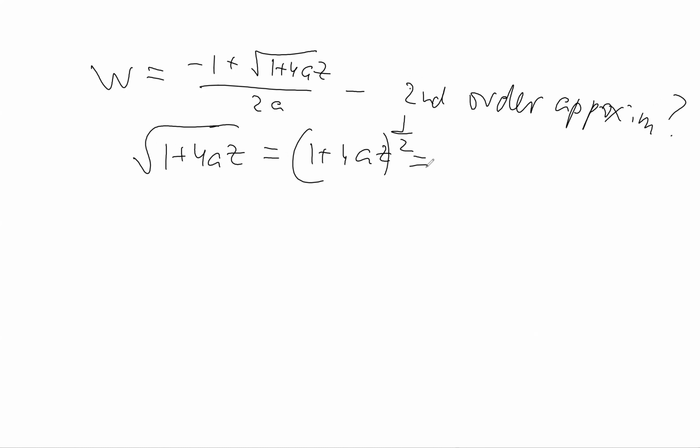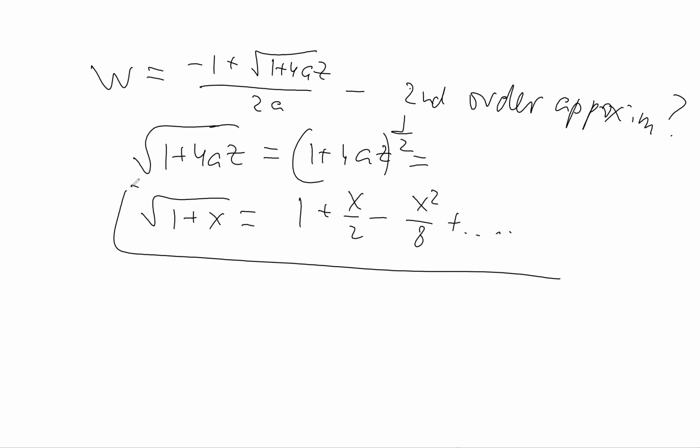For our function, I will put here the formula: 1 plus x to the power of half is 1 plus x over 2, I think minus x squared over 8, plus so on. This is the Taylor or Maclaurin expansion.